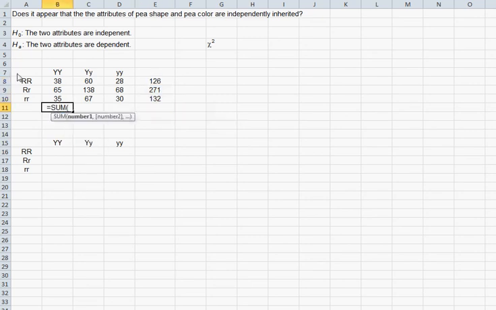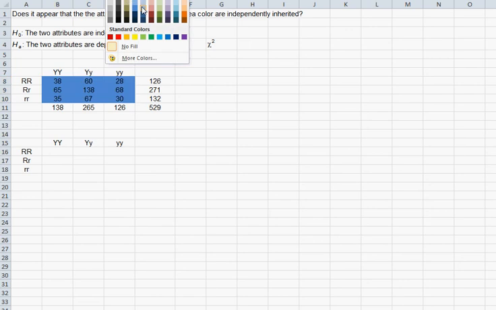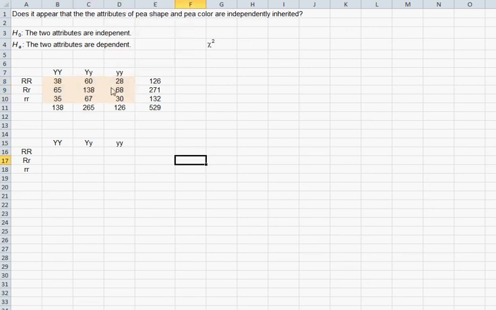Also, I need the column sum of 38, 65, and 35, which works out to be 138, and filling across we have 265 and 126. And the sum of the sums, the sum of all 9 numbers, is 529. So there are 529 total things here. And let me put this in a shade so we can say those are the actual numbers, and these are just the sums that we see.